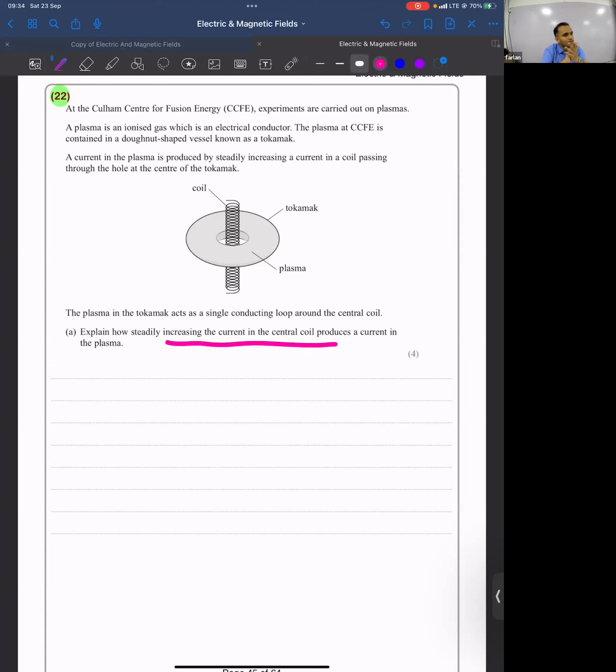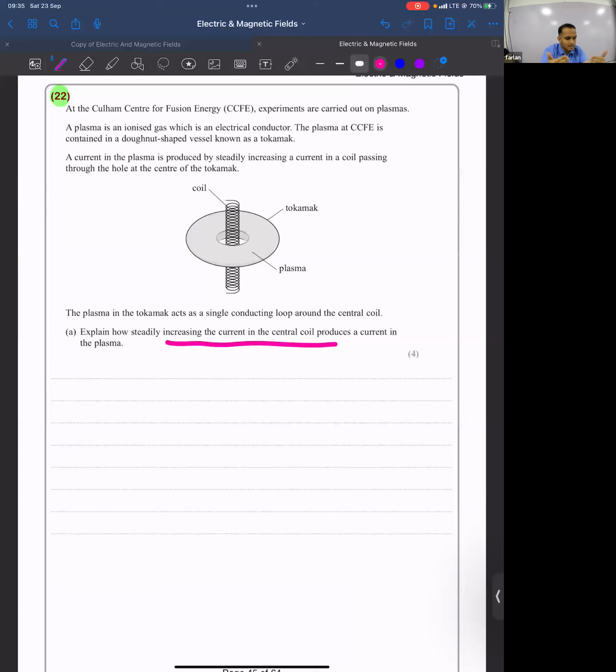Now what if I ask you, there is a current in the coil, but that current in the coil is not increasing, it's a constant current. Will there be a current induced in plasma? No. Why not? The answer is the magnetic field is not changing.